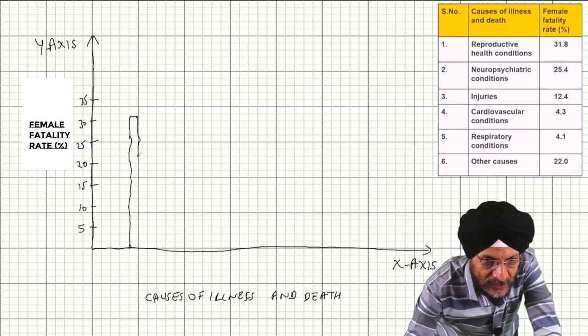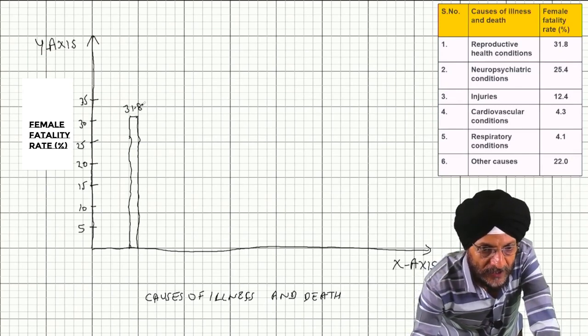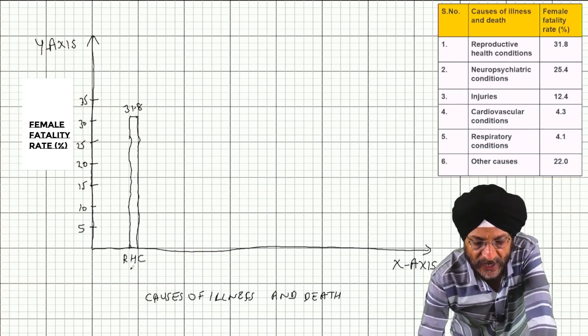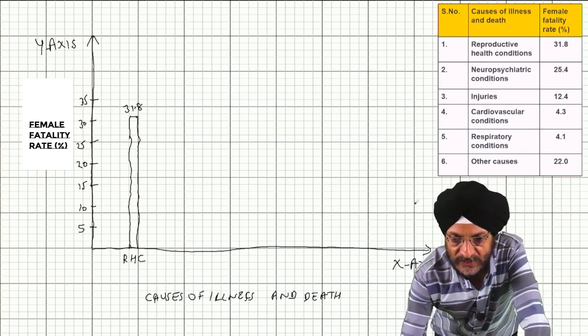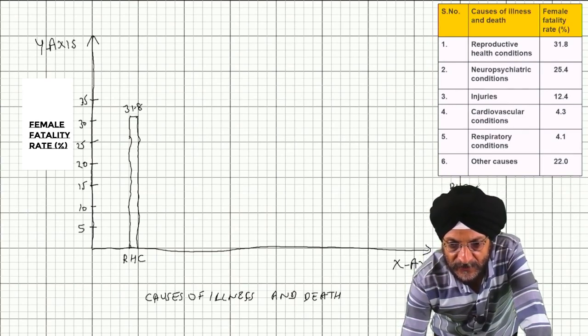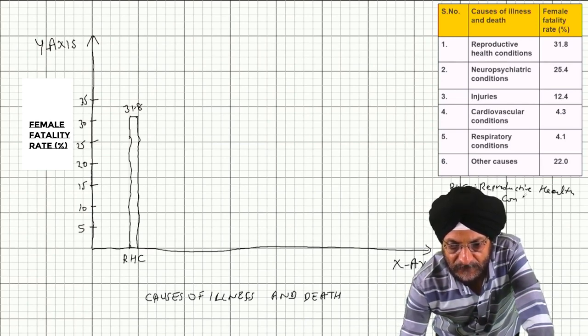You are to draw the line straight in the examination. This is 31.8 and this is reproductive health conditions. As I am mentioning in short words, you can here mention RHC, reproductive health conditions.